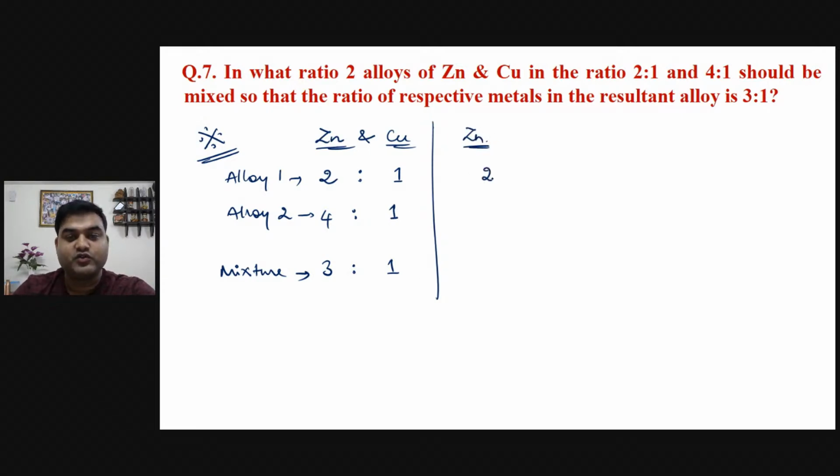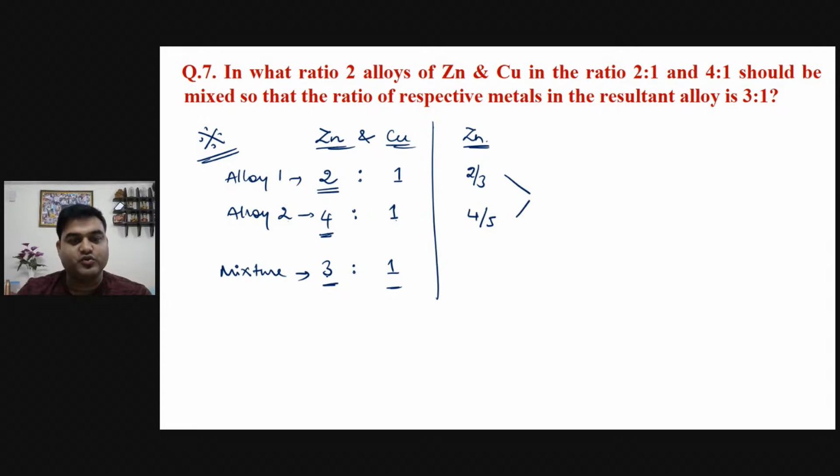Alloy 1 has 2 quantity, alloy 2 has 4 quantity. If we add these two, the quantity is 2 out of 3, since the ratio is given. And this has 4 out of 5. And the resultant is 3 out of 4. Considering zinc, it is 2 out of 3 and 4 out of 5.